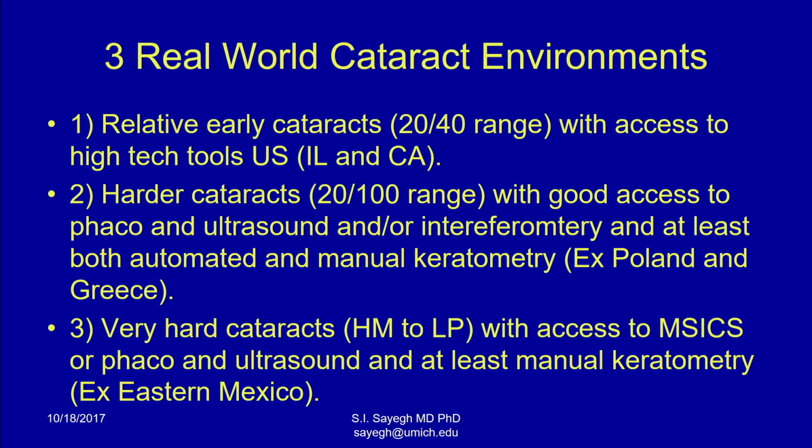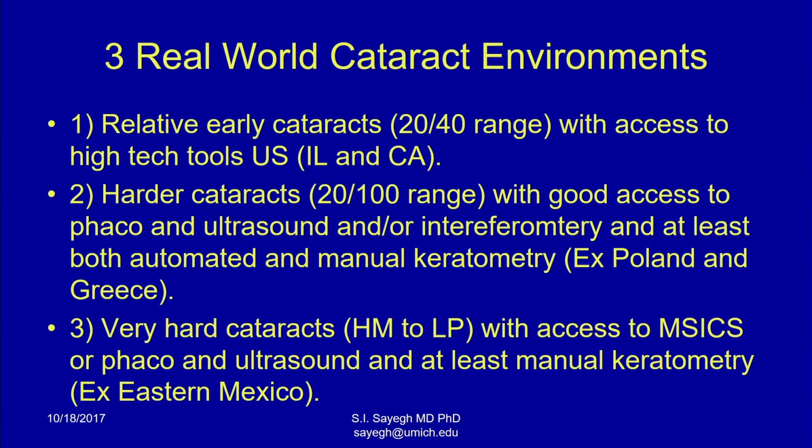All right, so there are 3 real-world cataract environments, and I've worked in pretty much all 3, and I have collaborators and users of my system, my software, in all environments. One is relatively early cataracts in the 20/40 range. That's a vision of 20/40, so you're twice as bad as normal, with access to very high-tech tools.